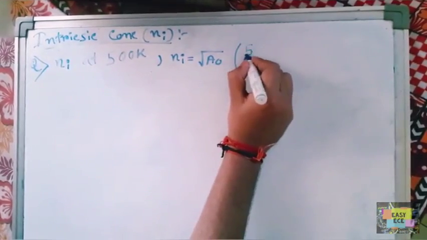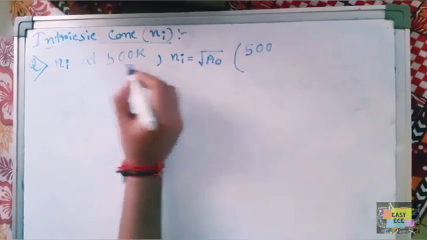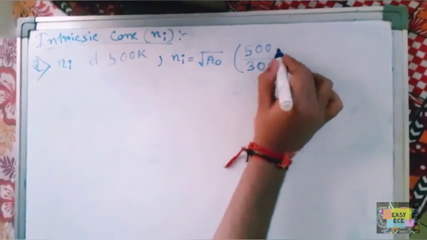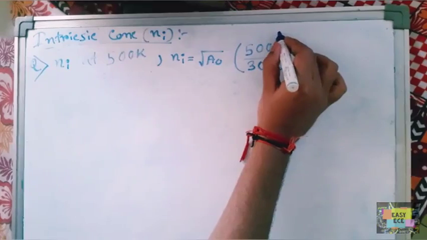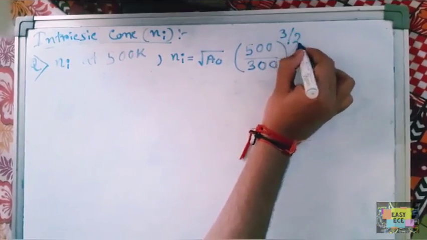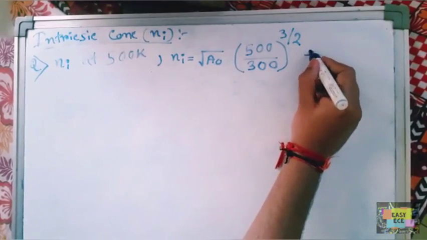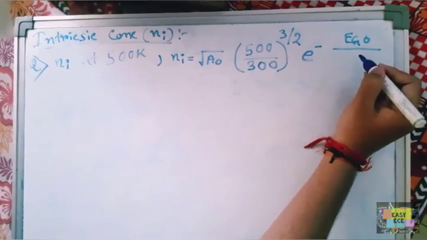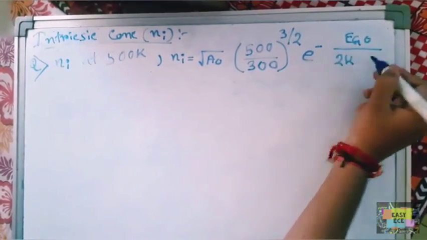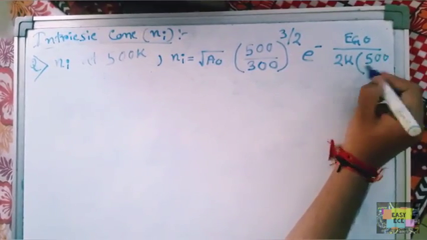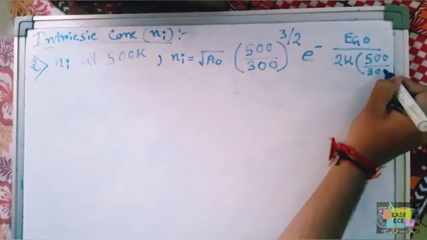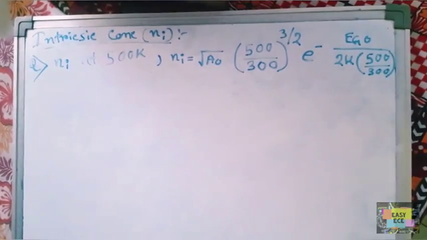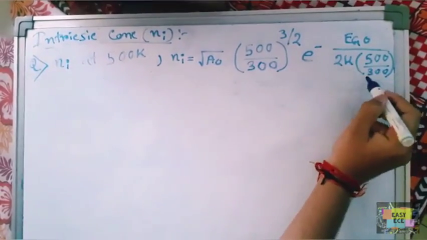So 500 Kelvin is given for ni, and for the absolute temperature we divide by 300 Kelvin, and T to the power 3 by 2. Now the exponential term, e to the power minus Eg0 by 2k according to the formula. Again the temperature 500 Kelvin is given here, and to make it absolute we divide by 300. This 300 Kelvin is the reference temperature, so for this we divide by 300.